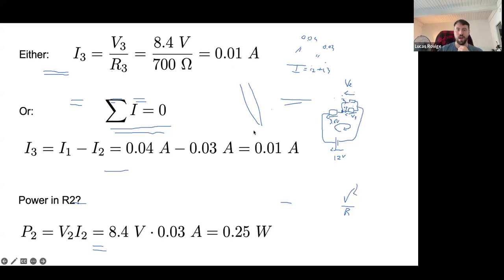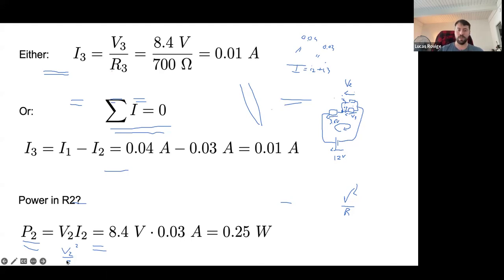That's a good check that we did the right thing, because those two methods should give the same result. So we got the same thing, so we're happy about that. Then for the power dissipated in R2, now we have the current and the potential, so we can just multiply those, or we could have directly used potential squared divided by the resistance.